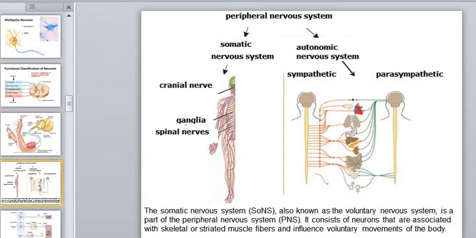Here we see the somatic nervous system, also known as the voluntary nervous system, which is a part of the peripheral nervous system. It consists of neurons that are associated with skeletal or striated muscle fibers and influence voluntary movements of the body.